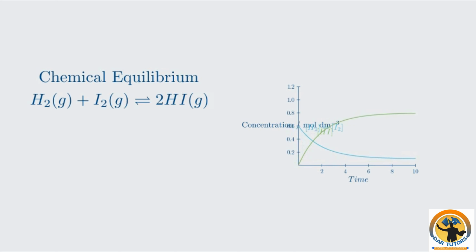Over time, the rate at which reactants are consumed slows down, and the rate at which product is formed also slows down. Eventually, at a certain time A, the concentrations of all species level off and become constant. The period after this time A, where concentrations are no longer changing, is when the system has reached a state of chemical equilibrium.